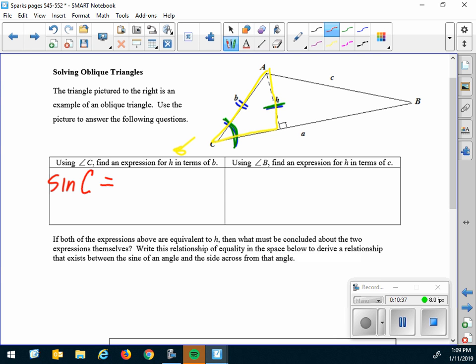Opposite over hypotenuse, H over B. How do you get the H by itself? So I want you to write it this way. B times sine of C. Write it that way.